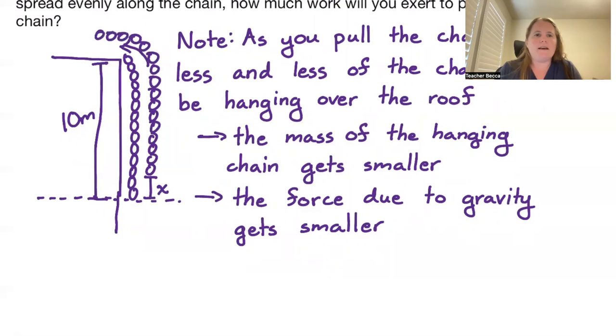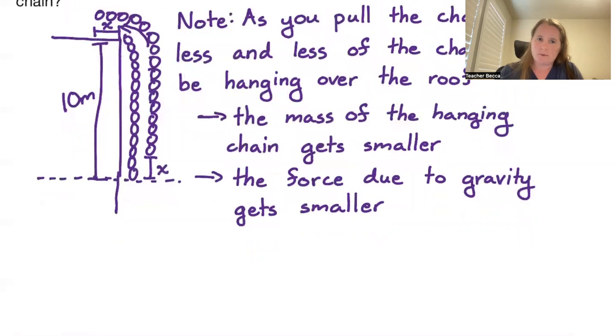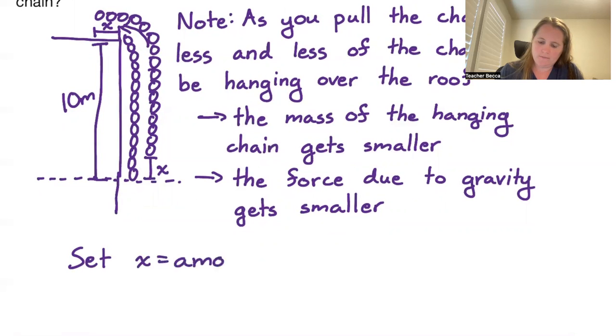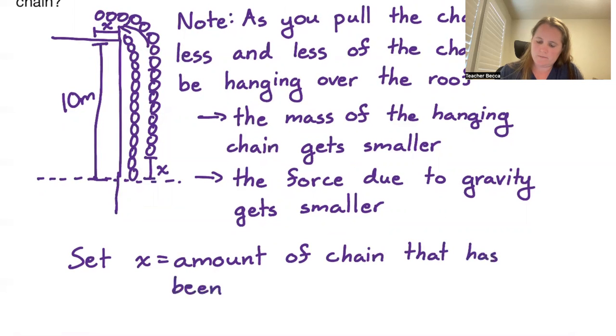Equivalently, x is measuring the amount of chain that has been pulled up. So we'll set x equal to the amount of chain that has been pulled over the roof.